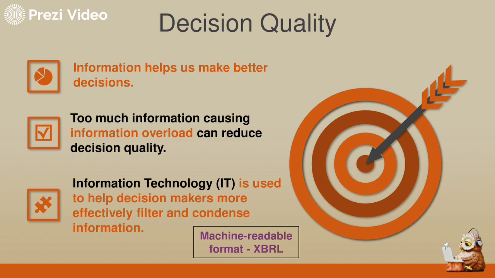For example, we now have the technology of data analytics, and we also have the emerging technology of artificial intelligence. Those advancements in technology can more effectively filter and condense the information.